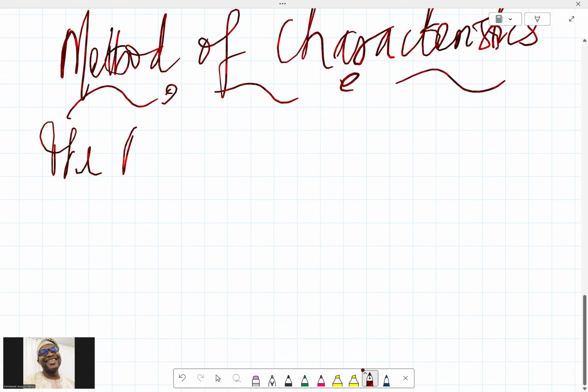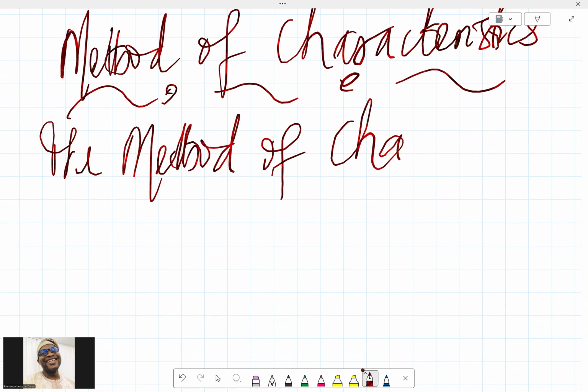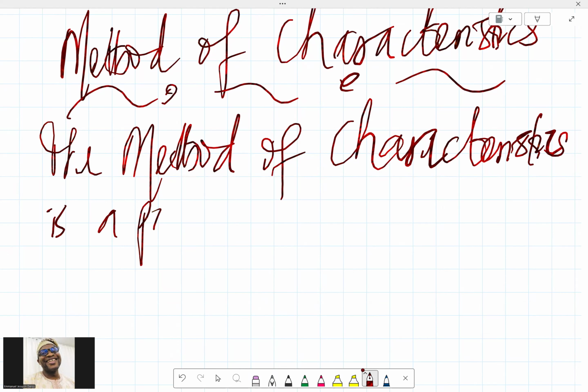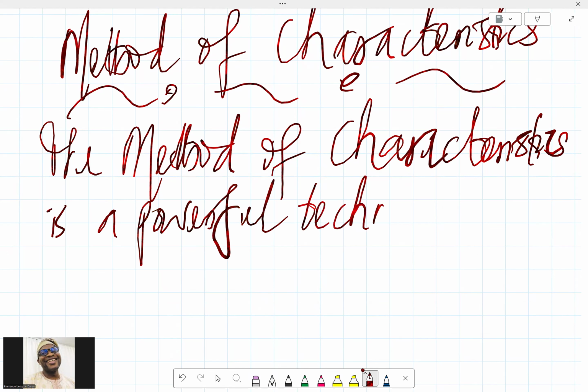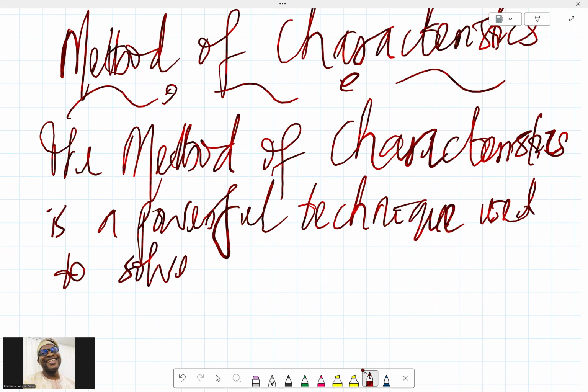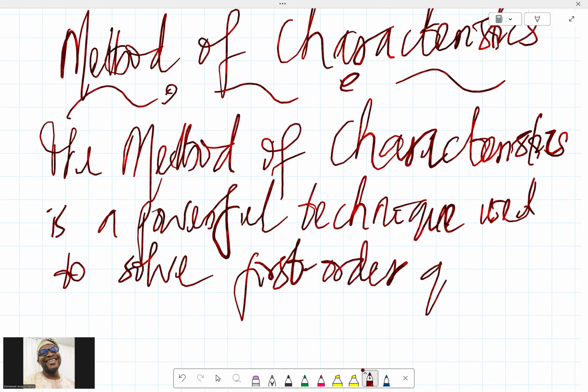The method of characteristics is a powerful technique used to solve first order quasi-linear PDEs.